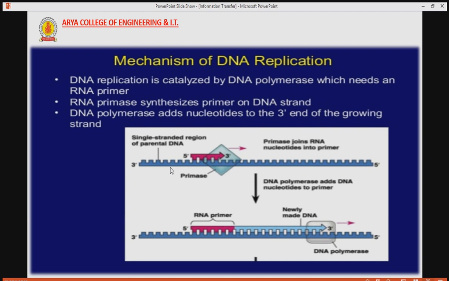DNA polymerase adds nucleotides to the 3' end of the growing strand. Here the 5' and 3' indicate the carbon number in the DNA sugar backbone. The 5' carbon has a phosphate group attached to it and the 3' carbon has a hydroxyl group attached to it.